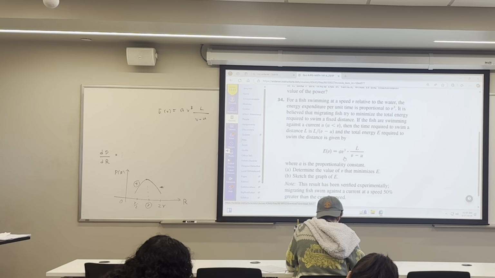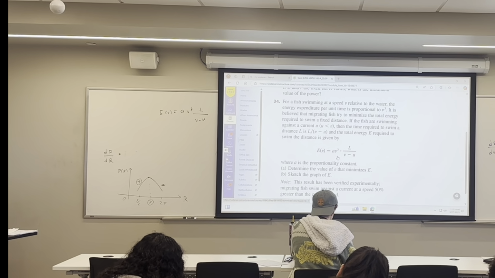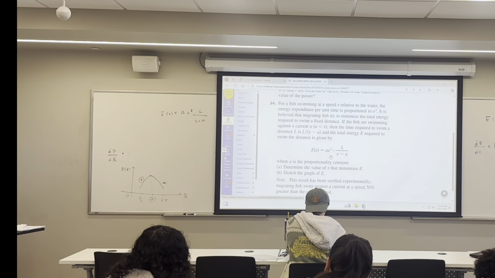What is the derivative of the bottom? It's just 1, right? So it's just minus v cube.